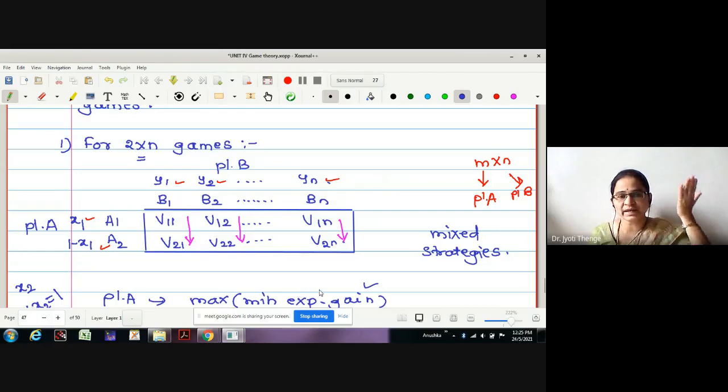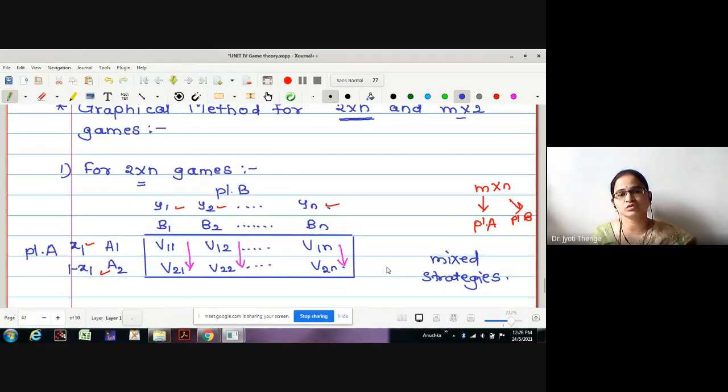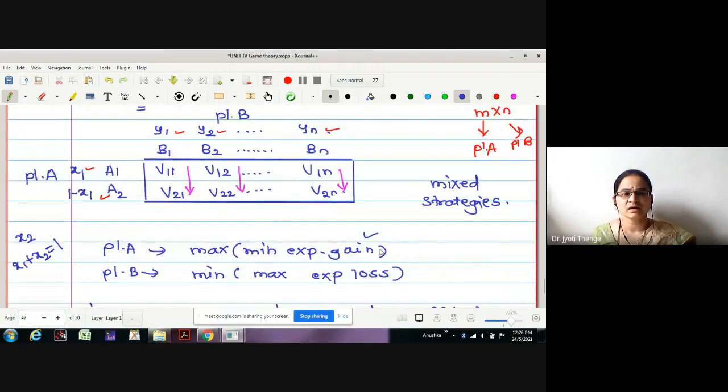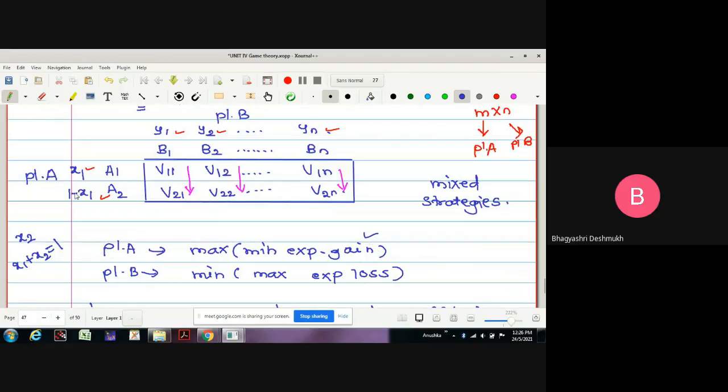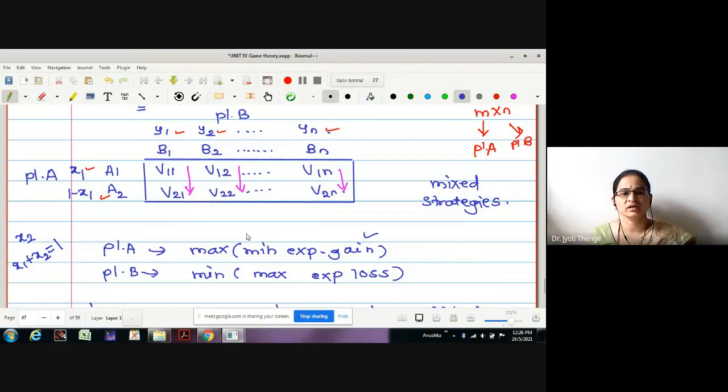Or shall I go to the lecture in which I introduced this expected gain concept? Or you just go to that lecture and see it repeatedly? Understanding expected gain is an important concept.